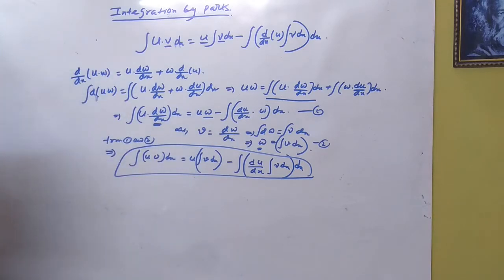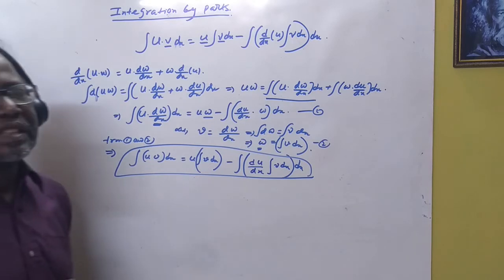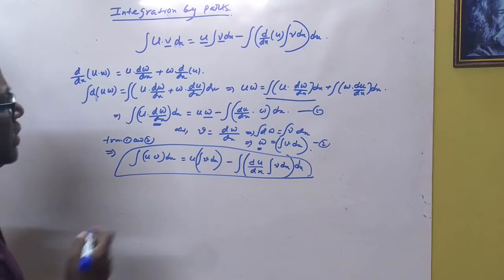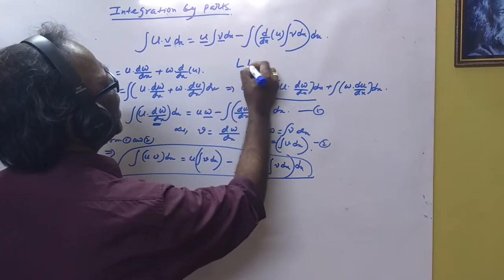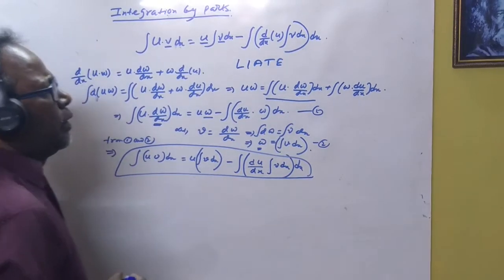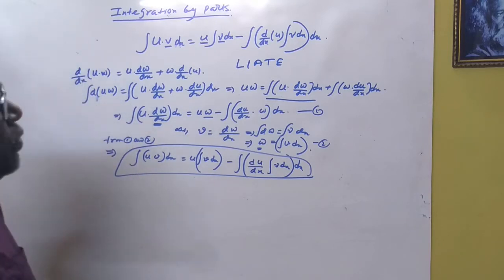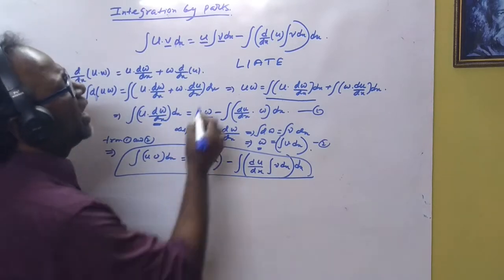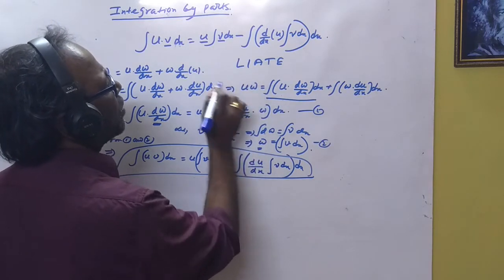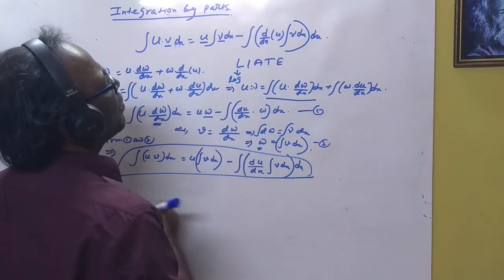Okay. Now I want to tell you a word, LIATE, and you should learn this formation. When a letter comes first, then we take that as u. L represents log, the logarithm function.